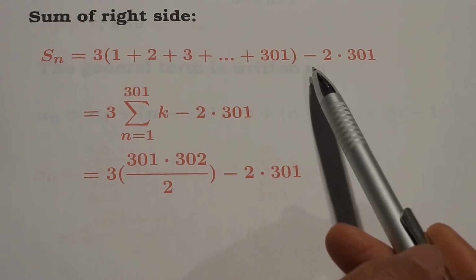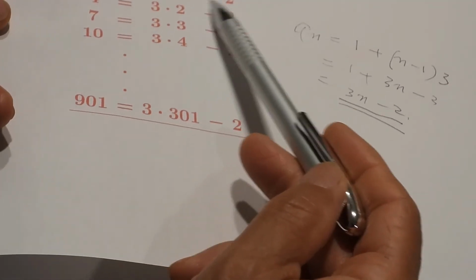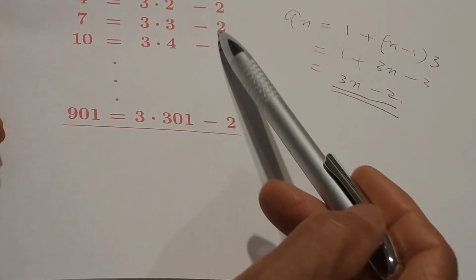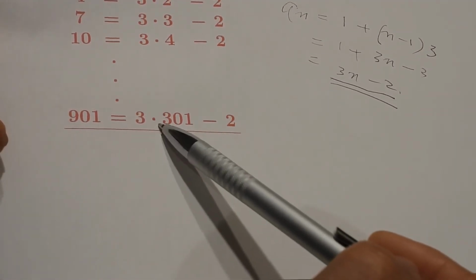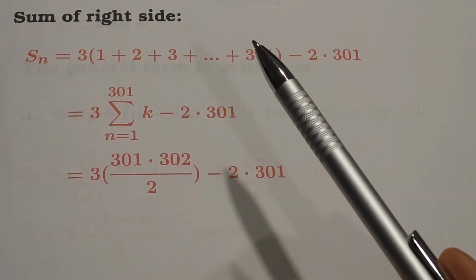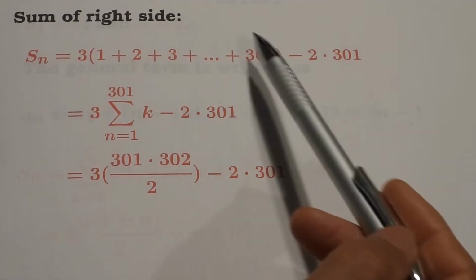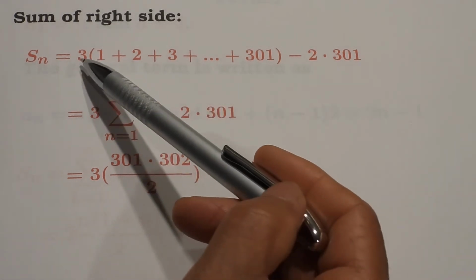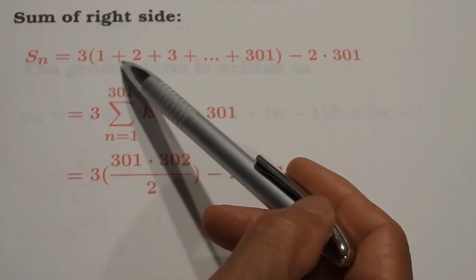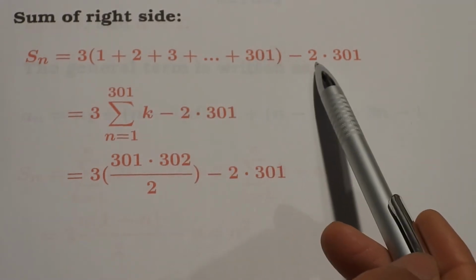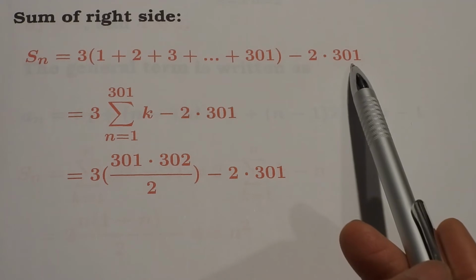You see here one more time: 3 times 1 minus 2, 3 times 2 minus 2, minus 2, minus 2, minus 2. How many times? 301 times. So we write in one equation 3 times 1 plus 2 plus all the way up to 301, minus 2 times 301.